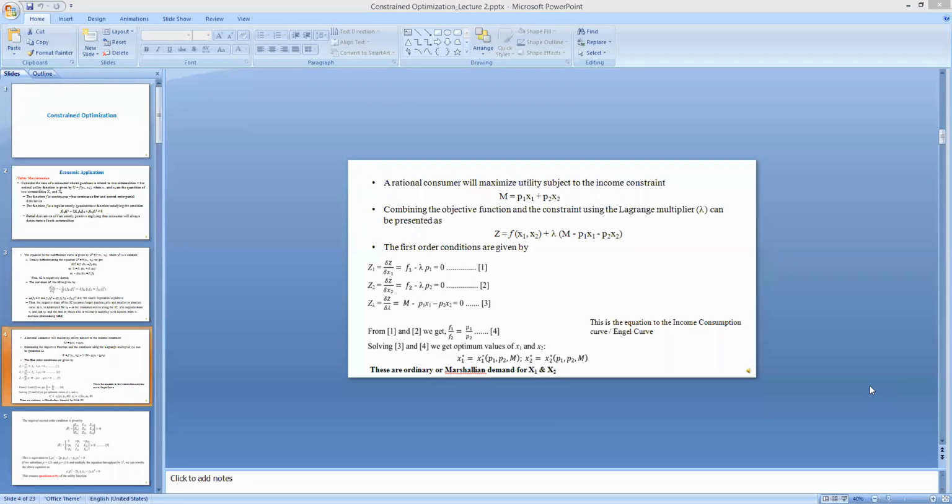The next step will be to ensure whether x1 star and x2 star are really providing the maximum utility. To do this, we need to check the second order sufficient condition. So this is the necessary part to solve for x1 star and x2 star. Once we get these two values, we need to check whether they give us the maximum u star.